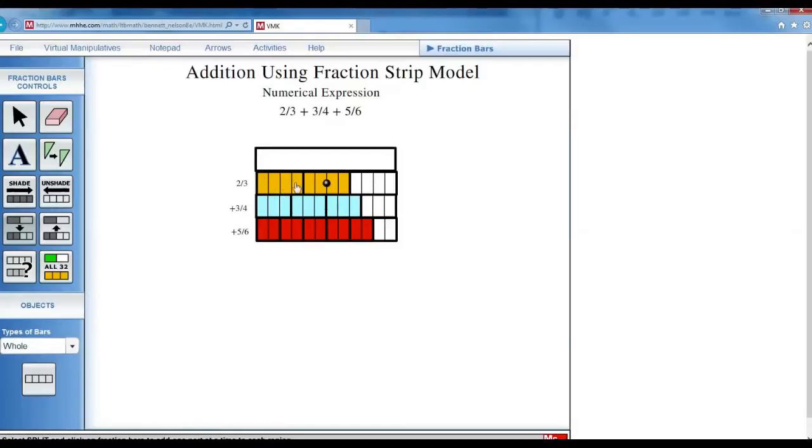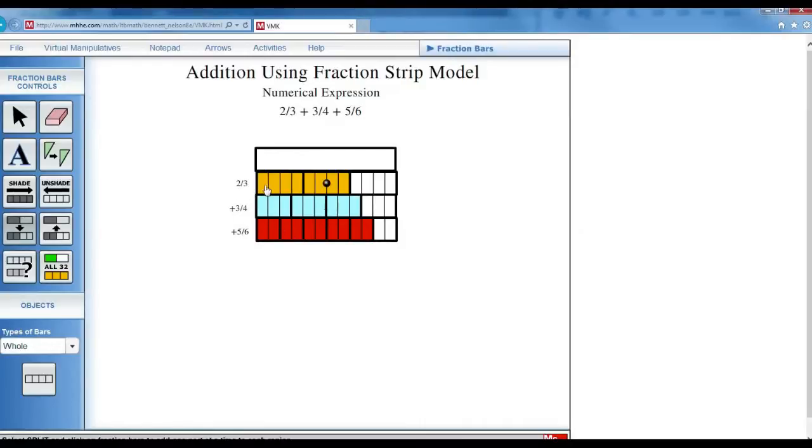And it looks like all of my sections are equal, so I'm going to count my strips. 1, 2, 3, 4, 5, 6, 7, 8, 9, 10, 11, 12. Now, my whole is cut into 12 equal sections, and when I cut all of the strips into equal sections, then I have my equivalent fractions.